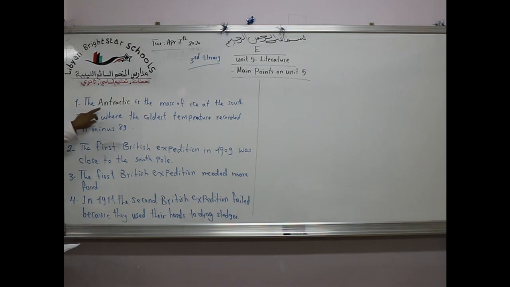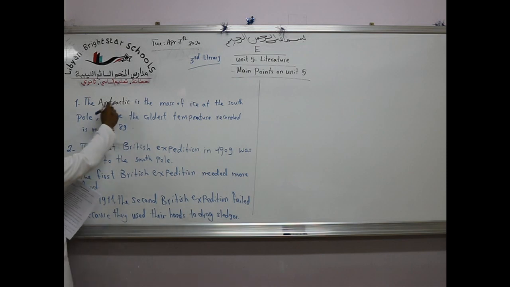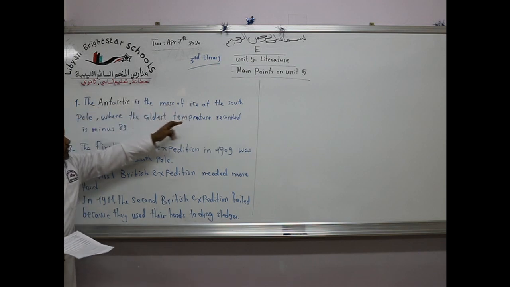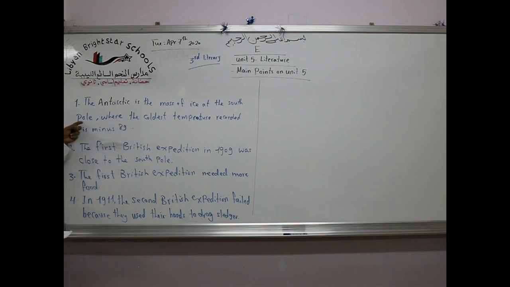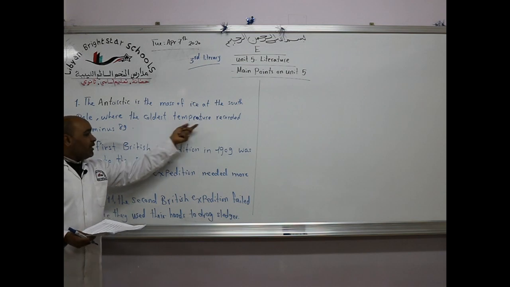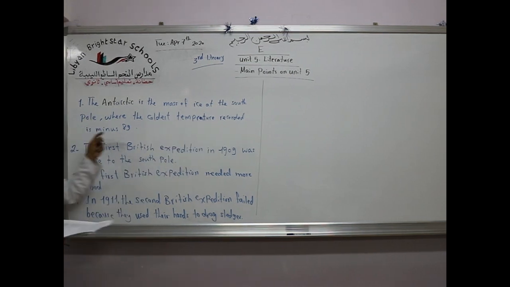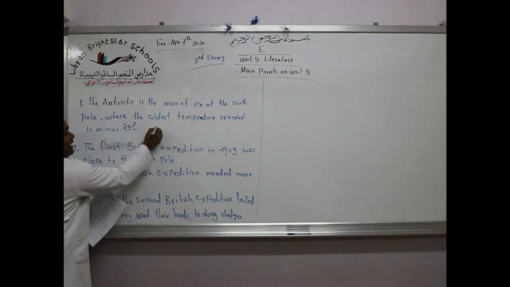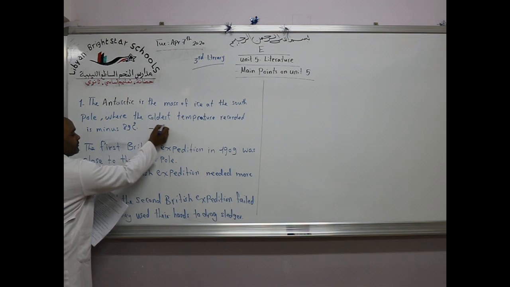We can see Antarctica, which is the South Pole itself. Here it is the mass of ice at the South Pole, where the coldest temperature recorded was minus 89 Celsius. The temperature there reached minus 89 degrees.